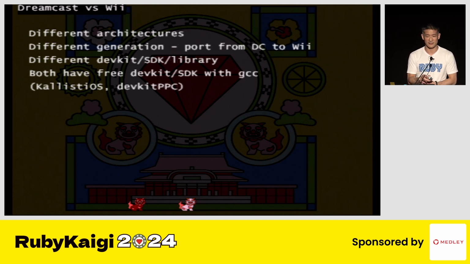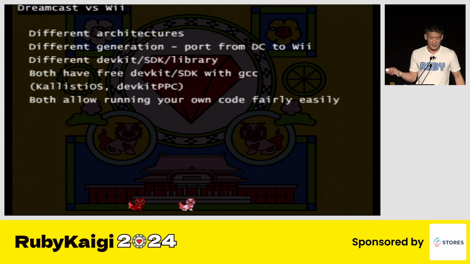That is great news for anyone who wants to work with mruby, because as far as my experience goes, some environments don't come with GCC or any popular compilers, and they're very, very difficult to work with. And they both allow running your own code easily.